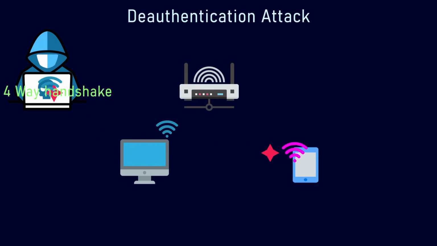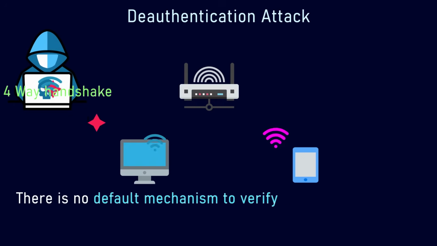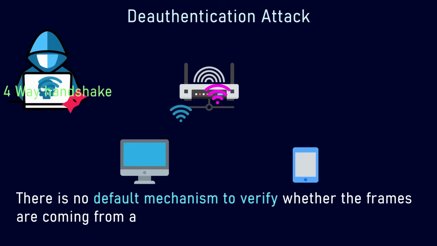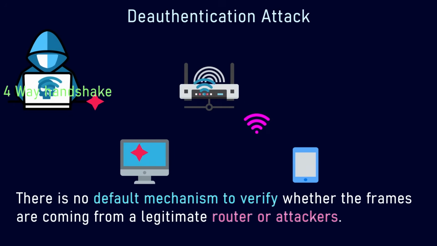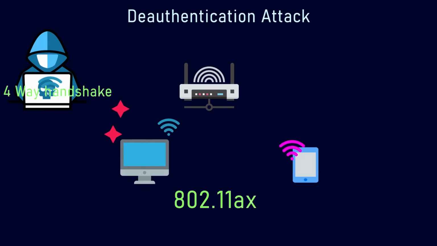There is no default mechanism to verify whether the frames are coming from a legitimate router or attackers. Only latest 802.11w standard has automatic protection against de-authentication frames by default. That's how de-authentication attack works and is used by hackers.